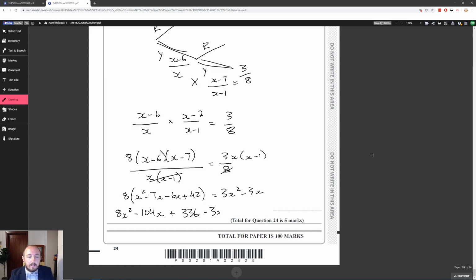Then we're going to minus 3x squared and add 3x so that I have an equals 0 quadratic.